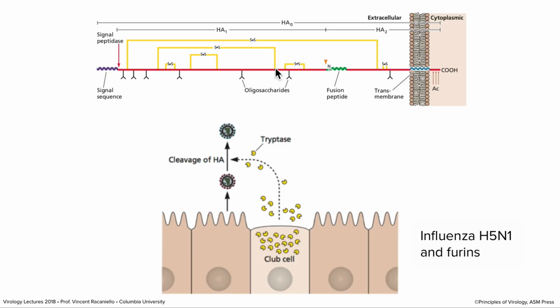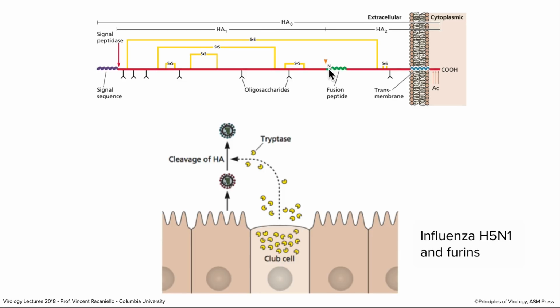The extravirus or extracellular part is in red, and it's embedded in a membrane, of course. And I want to point your attention to the fusion peptide there at the right end in green. That is the fusion peptide that's normally buried near the virus membrane. But when the pH drops in a cell, the fusion peptide is exposed on the very tip of the HA and inserts into the endosome membrane, catalyzing fusion.